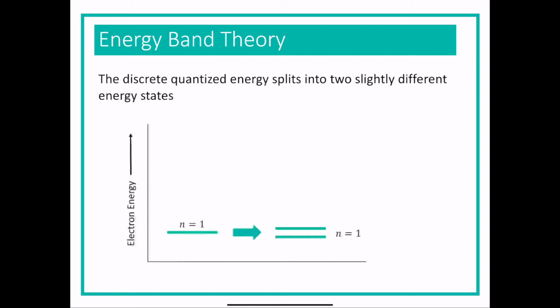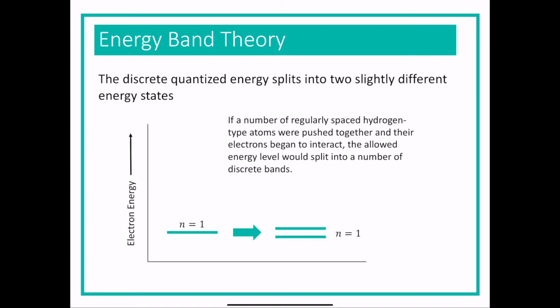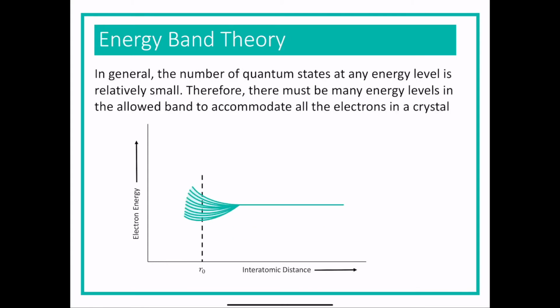So the number of quantum states at any energy level is really small. So there has to be some way of splitting them up so that you have enough energy levels for each electron. When you have one energy level, and you get to a certain point where the electrons start interacting, it splits into a whole bunch of different levels.